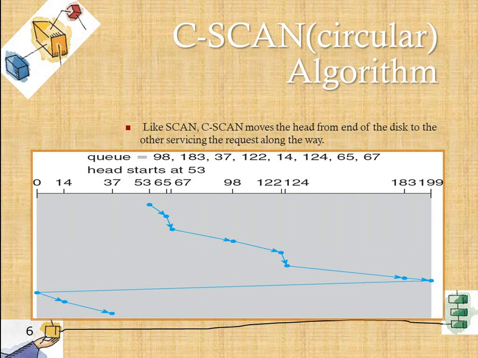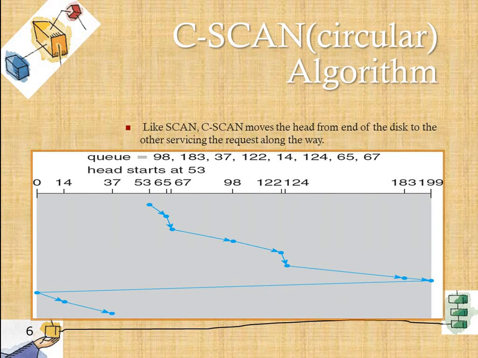Like the scan, or elevator algorithm, C-scan also works in the same fashion, but in the case of C-scan, it moves the head from one end of the disk to the other, servicing the requests along the way. So what is the difference between scan and C-scan? The C-scan, that is the circular scan, restricts scanning to only one direction.